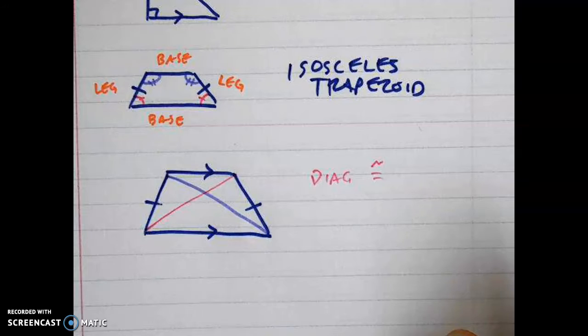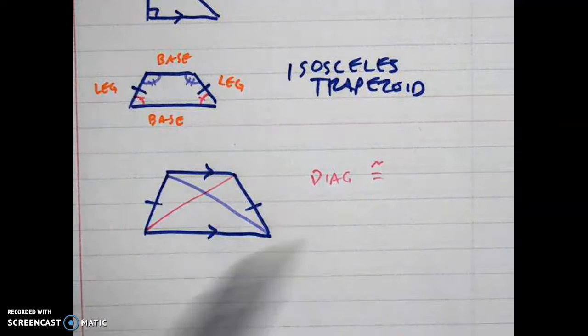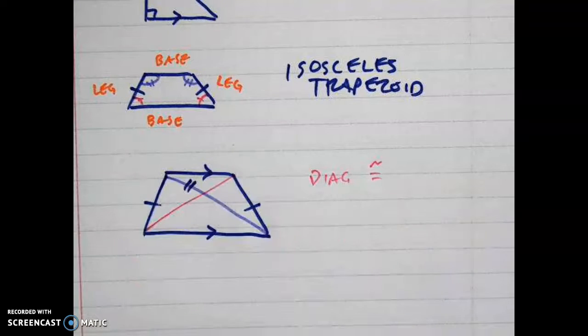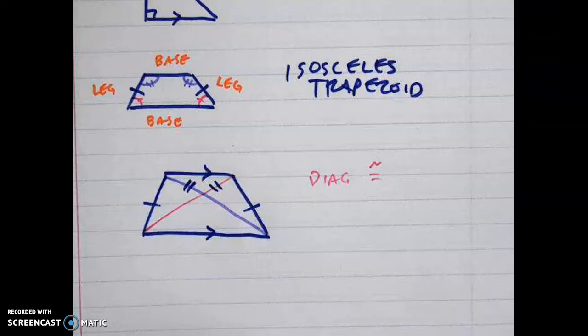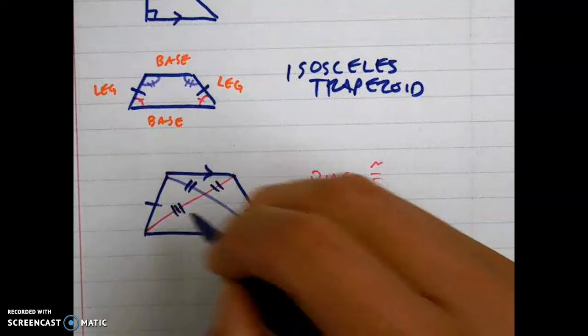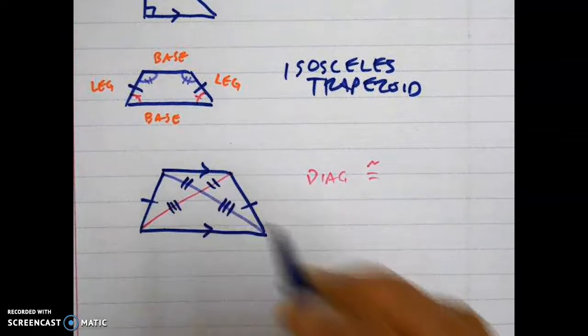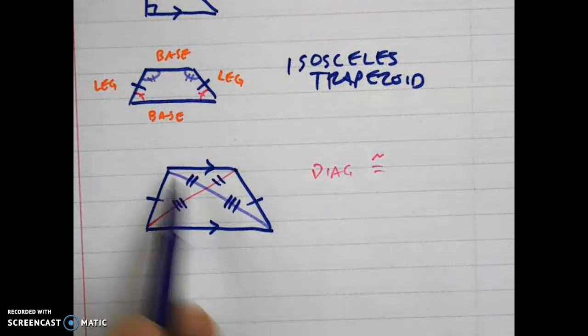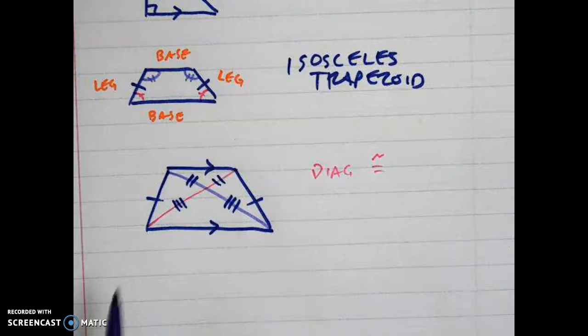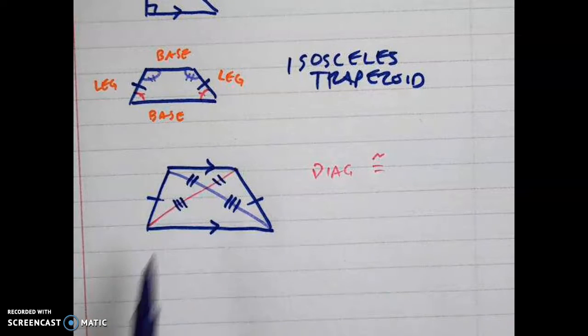The diagonals are congruent. The small piece will equal the small piece. The big piece will equal the big piece. In an isosceles trapezoid, the diagonals are equal. The small piece equals the small piece. The big piece equals the big piece. Pretty straightforward, right? Okay. Any questions so far?